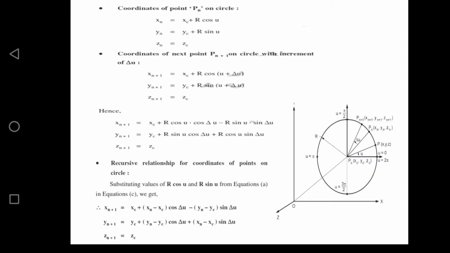But this will not end here. If you see the first equation, xn equals xc plus r cos u, the r cos u will be xn minus xc and r sin u will be yn minus yc.